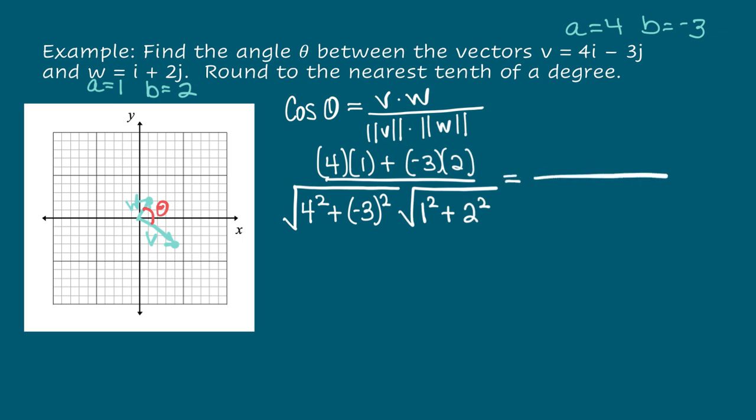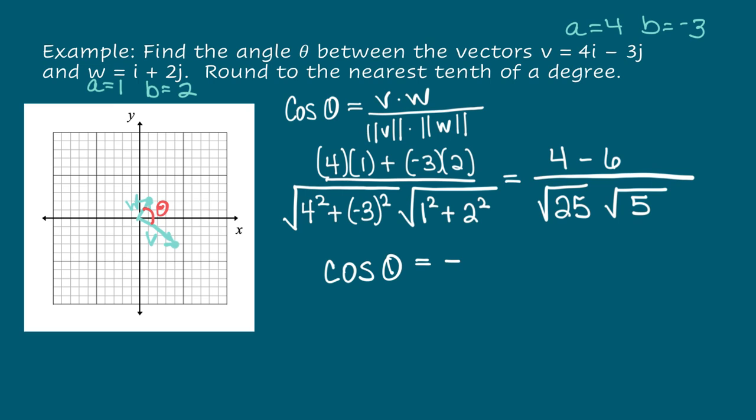Now if I work that out, I end up with 4 minus 6 on the top. On the bottom I have the square root of 25 times the square root of 5. So I end up with the cosine of theta equals -2 over square root 125.